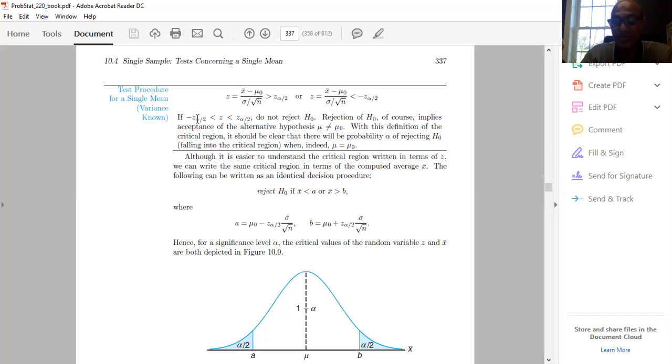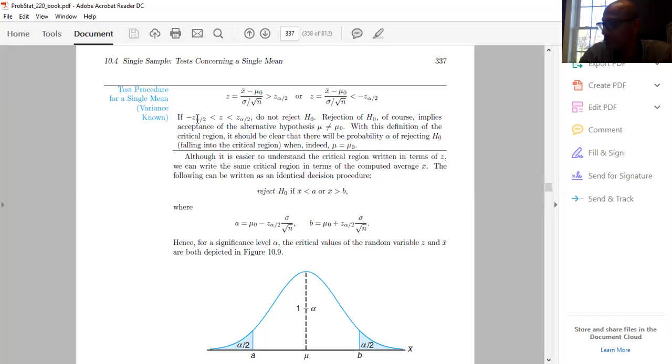Do not reject H0 means you are rejecting the other way around, I would say H1. And if your Z value is lying outside this interval, in that case, you have to reject H0. That means you are accepting H1. Okay, guys.